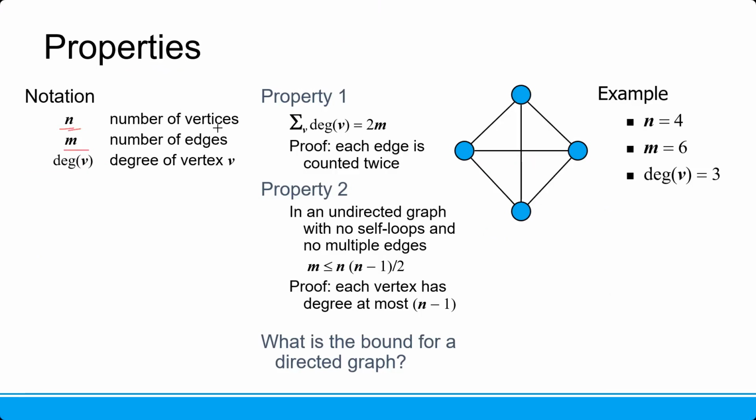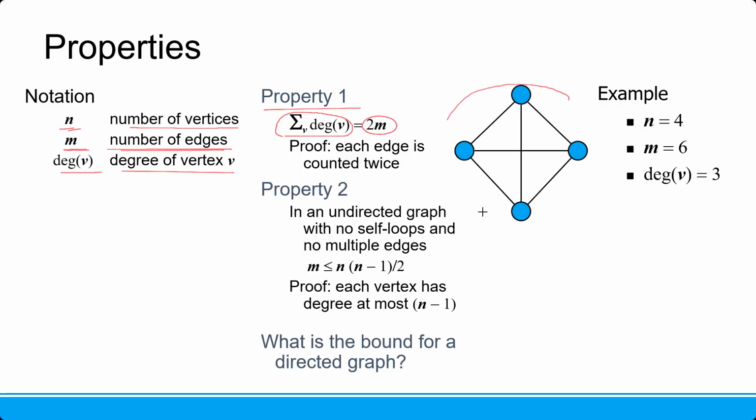So n means the number of vertices and m is the number of edges. So we can calculate the degree of a vertex. Property one mentioned that the summation of degrees equals 2m. What's m? It is the number of edges.